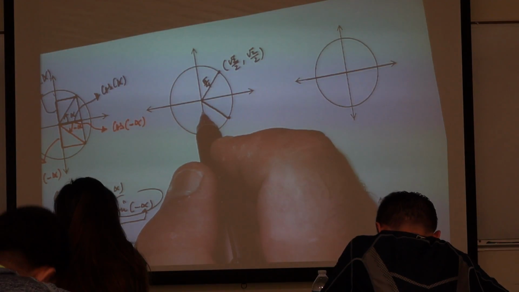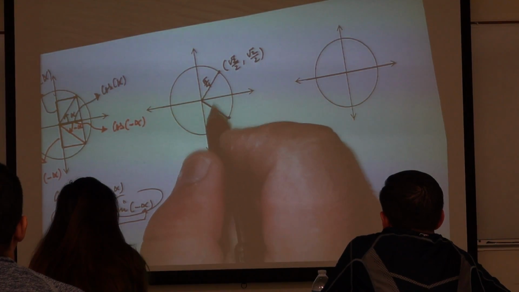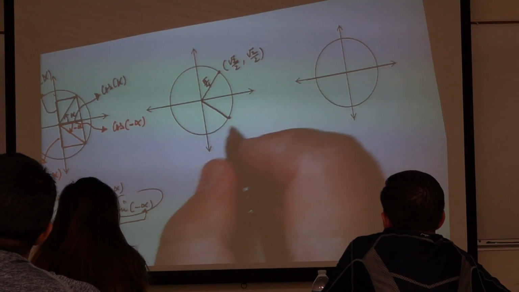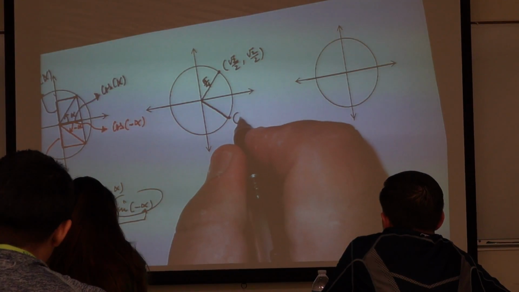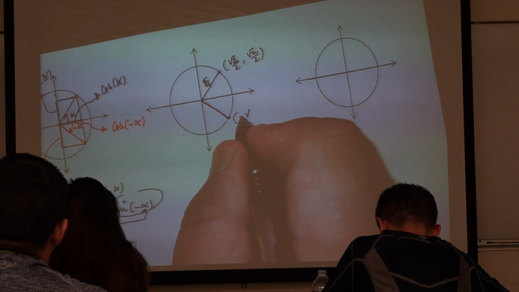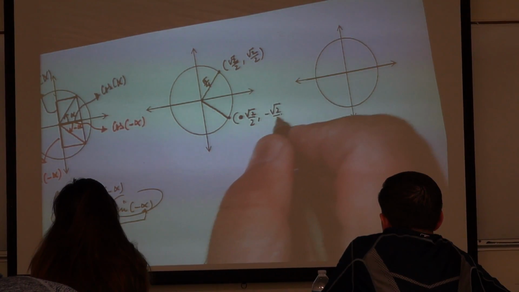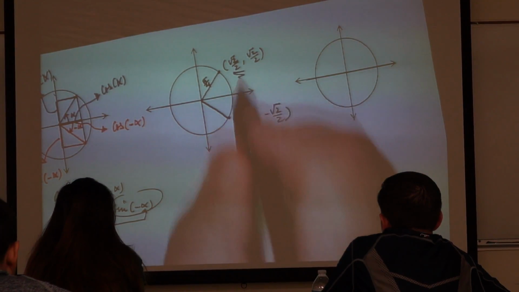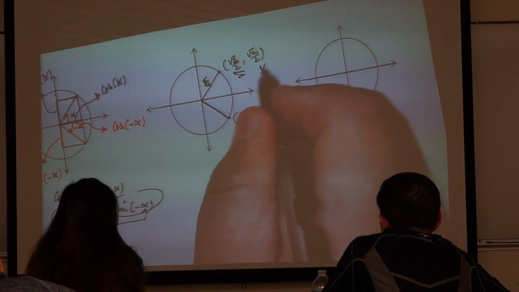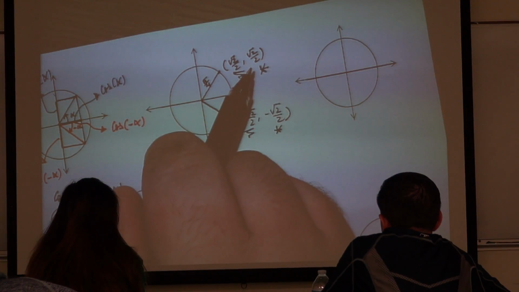It's the same thing. You can look at it negatively or positively. The sine will be negative square root of 2 over 2. Same cosine, different sine.